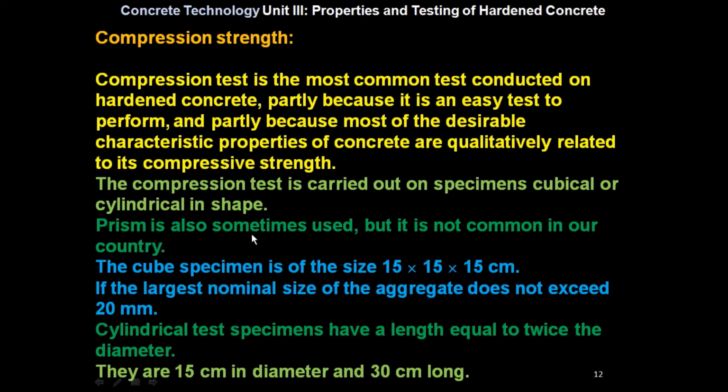Prism is also sometimes used, but it is not common in our country. The cube specimen is of the size 15 cm by 15 cm by 15 cm. If the largest nominal size of the aggregate does not exceed 20 mm, cylindrical test specimens have a length equal to twice the diameter. They are 15 cm in diameter and 30 cm long.